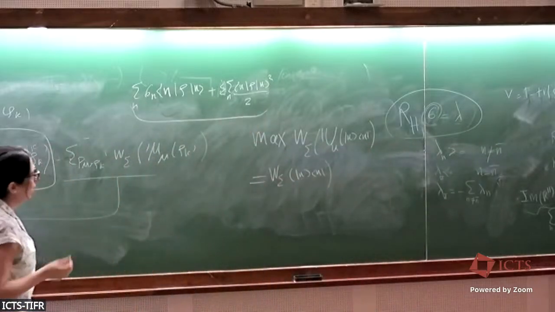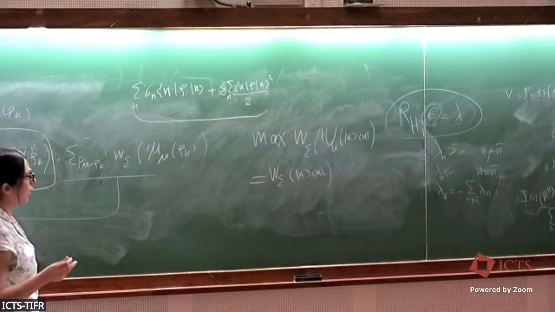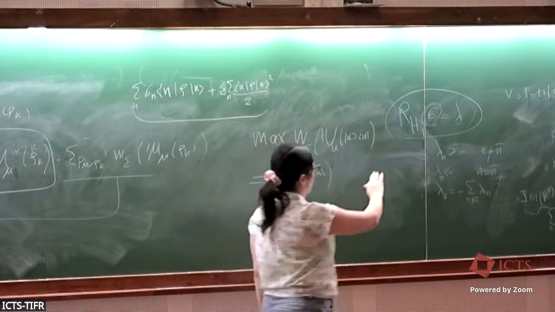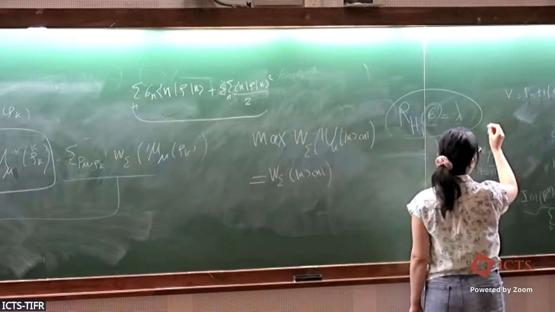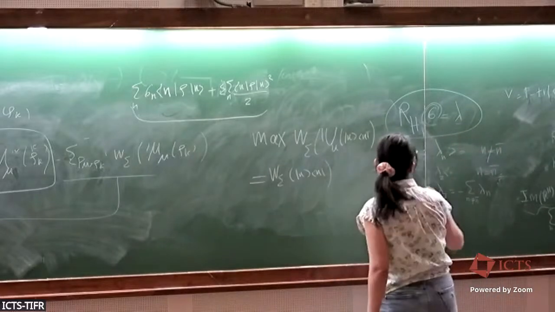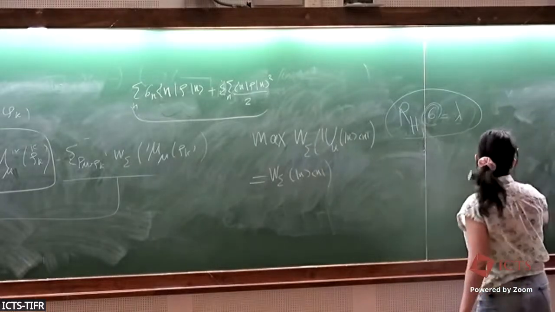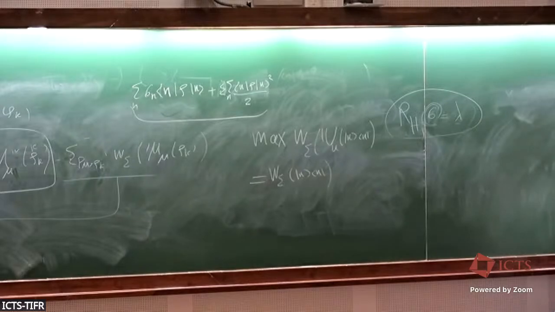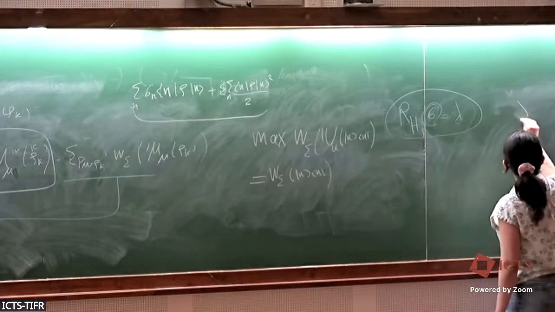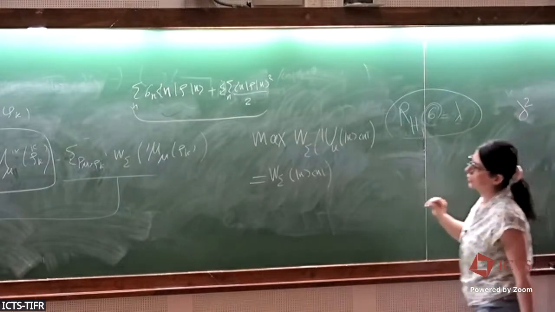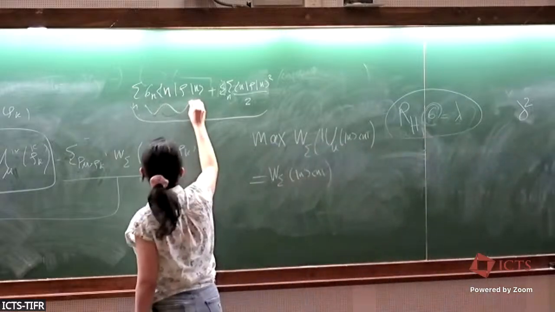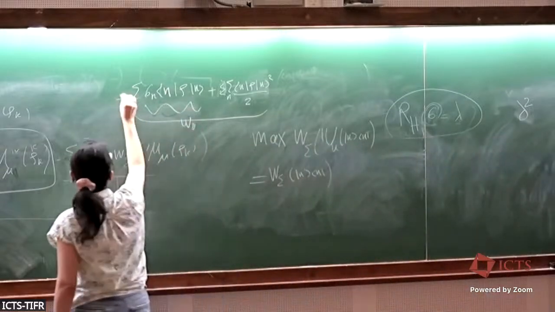And you know that by the choice of sigma, the second derivative of this, I will call this W0, and this is W epsilon.